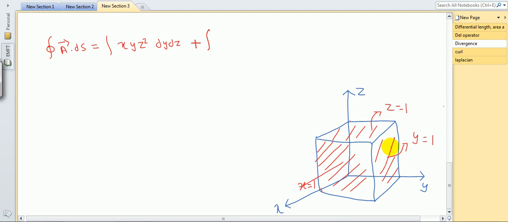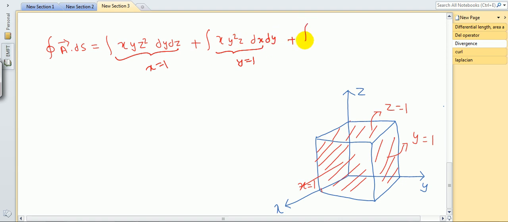So I will take only the ay component, and the ay component is x y square z, and the surface vector is dx dy, and ay cap dot ay cap will become 1, for this y equals to 1, for this x equals to 1.